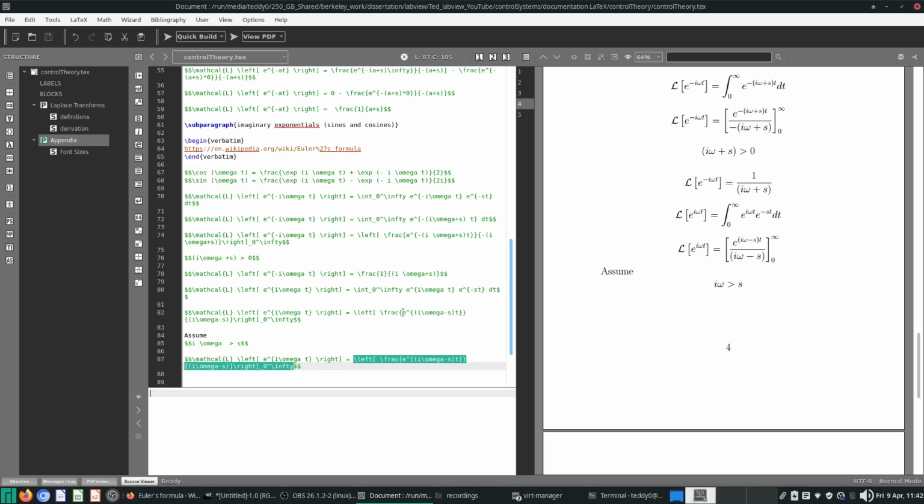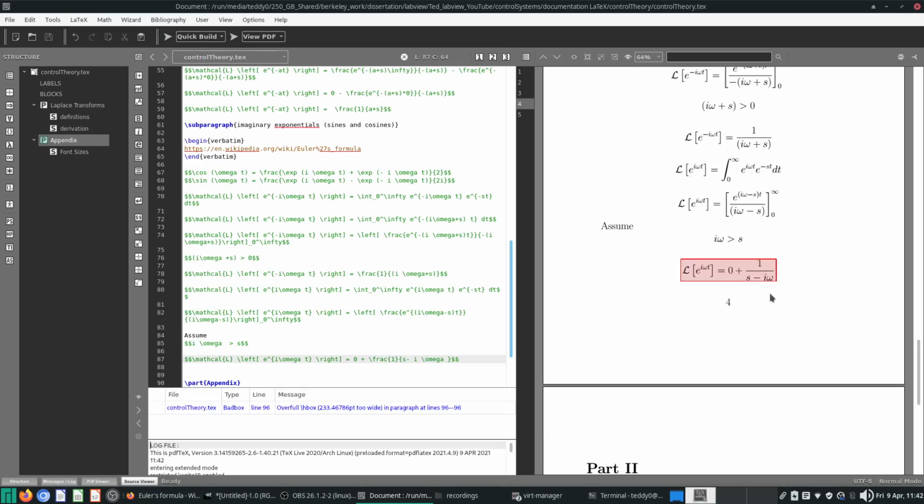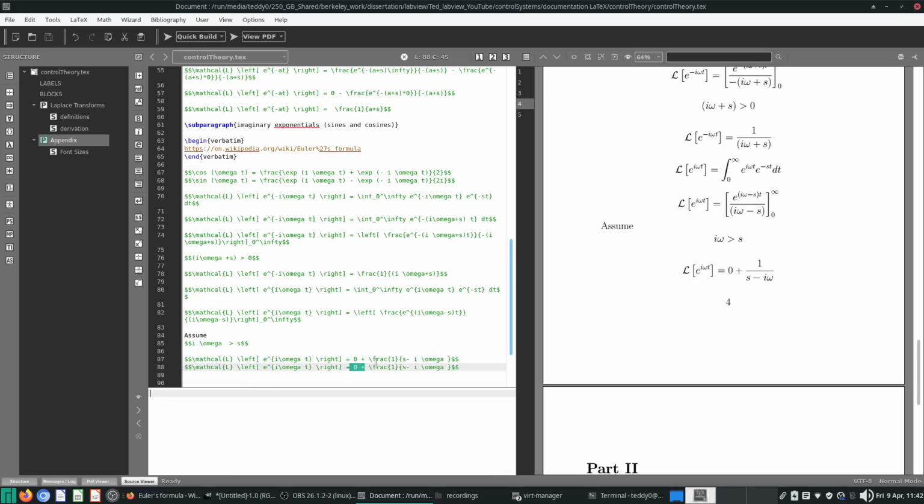The first term will be 0, plus the fraction 1 over S minus I omega. Very fast, we will just get this.